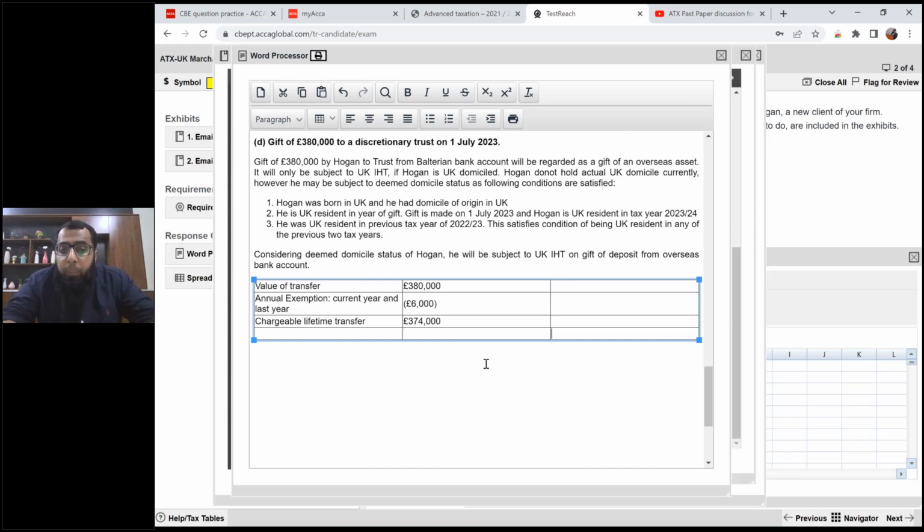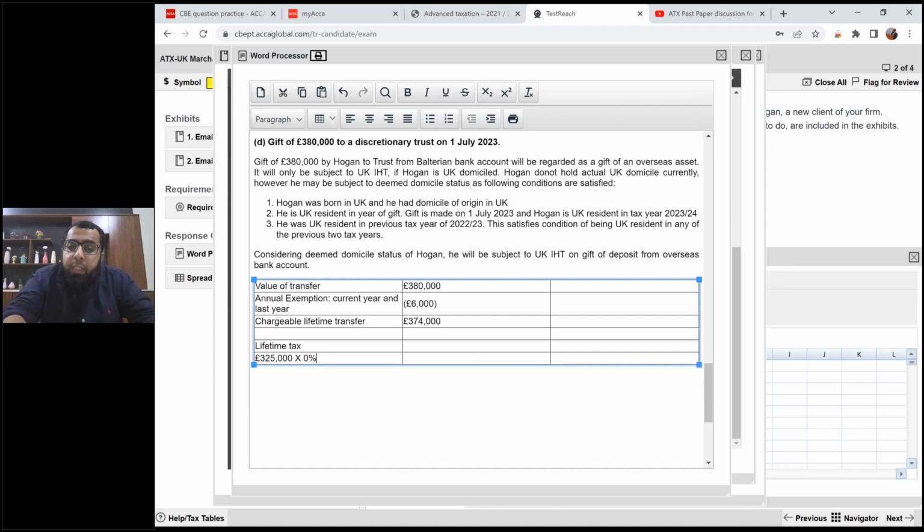Okay. Now you will apply lifetime tax on it. What will be the lifetime tax? On the first 325,000, as it was written that he has not made any other gift, 325,000 into 0 is 0. And then 374,000 minus 325,000. See, it was written in the question that the donor is paying tax, so you will apply 25%.